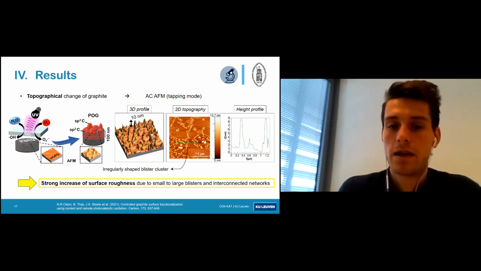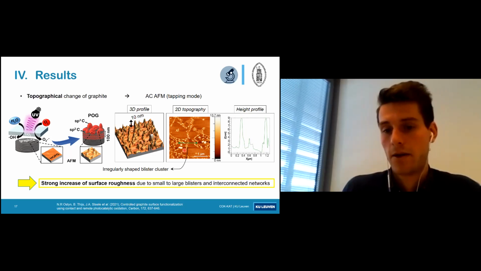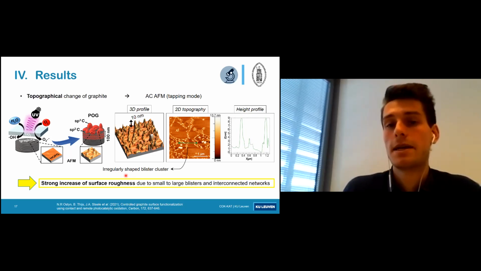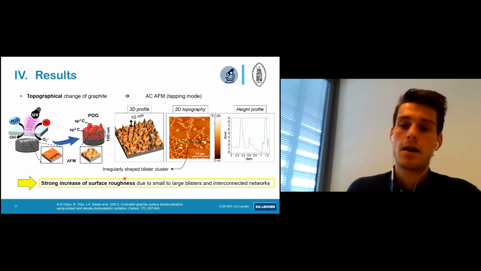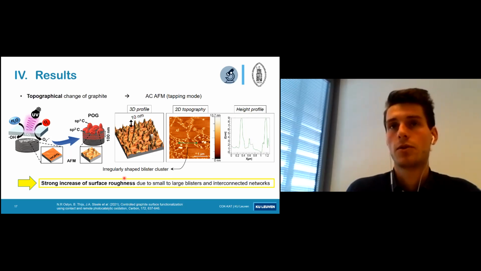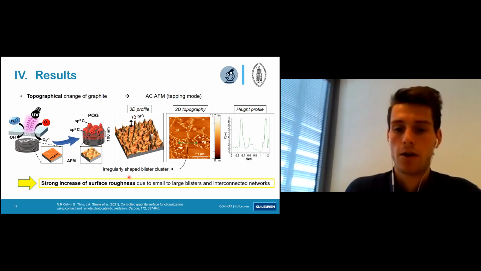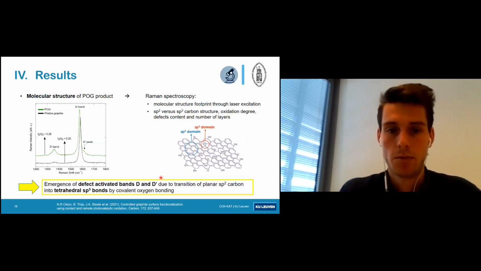The width can be very large, from 10 nanometers to even 600 nanometers. This is shown with a height profile corresponding to this 2D topography image. We also create irregularly shaped blister clusters, often connected by networks of smaller blisters. So a strong increase of the surface roughness is observed.